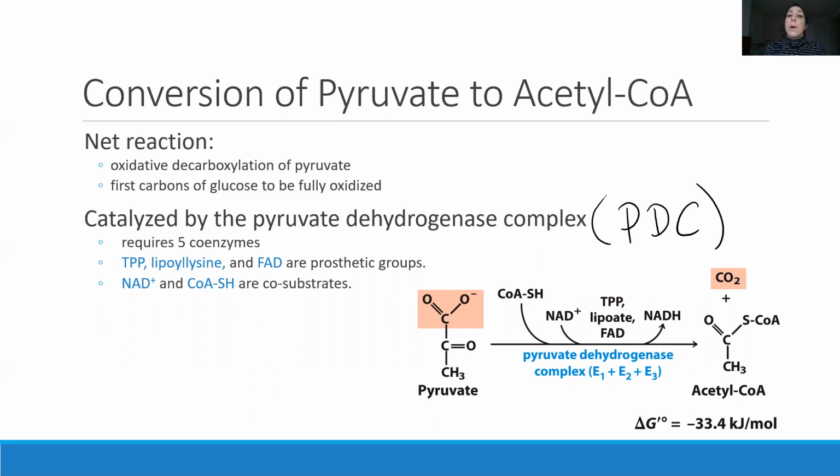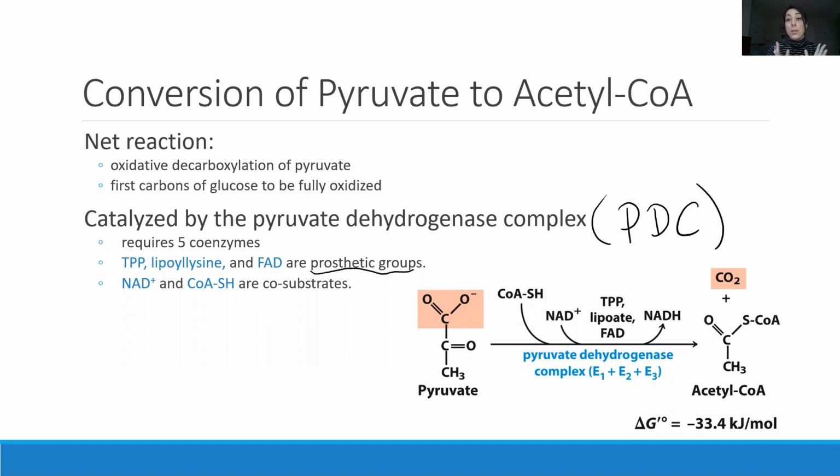3 of those coenzymes are what we call prosthetic groups. These are groups that are actually attached to the enzyme, and they are working as a portion of the enzyme. So while they are not a protein themselves, you can see they are molecules: TPP, lipollysine, and FAD.